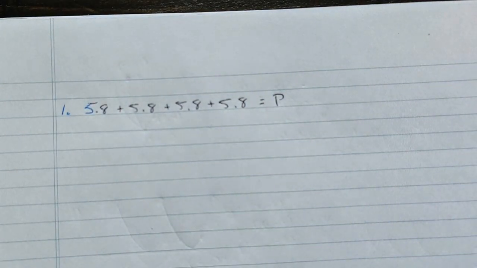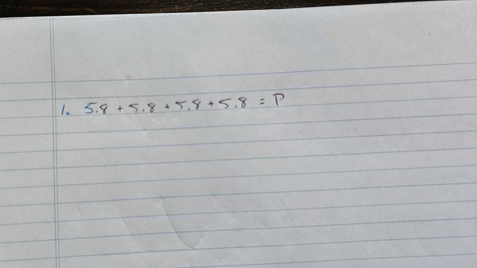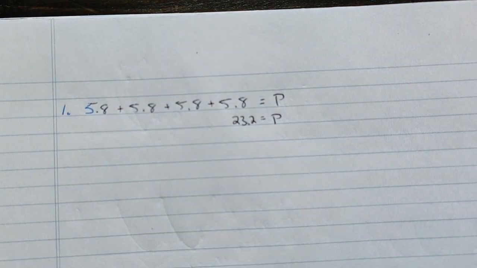That's going to be the perimeter of that shape. We just add all those up, or multiply 5.8 by 4 as a shortcut, and the perimeter equals 23.2. And thus the perimeter of this shape is 23.2 centimeters. So pretty straightforward with the perimeter. Not much going on there.